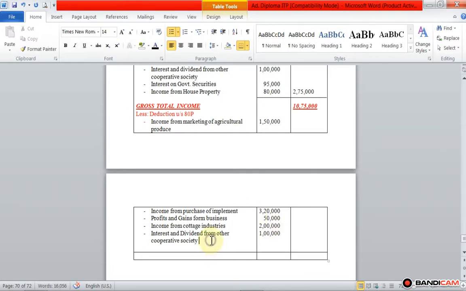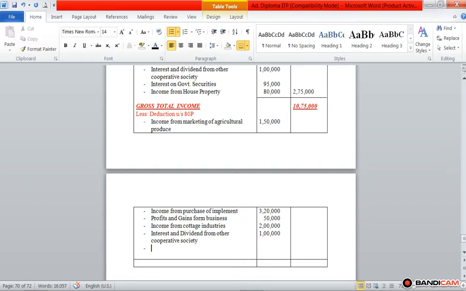Then income or interest on government securities. So interest on government securities is allowed for deduction under section 80P, but here a condition is given: if the gross total income of the cooperative society exceeds rupees 20,000, it means the gross total income is more than 20,000, then interest on government securities is not allowed for deduction. Got it?